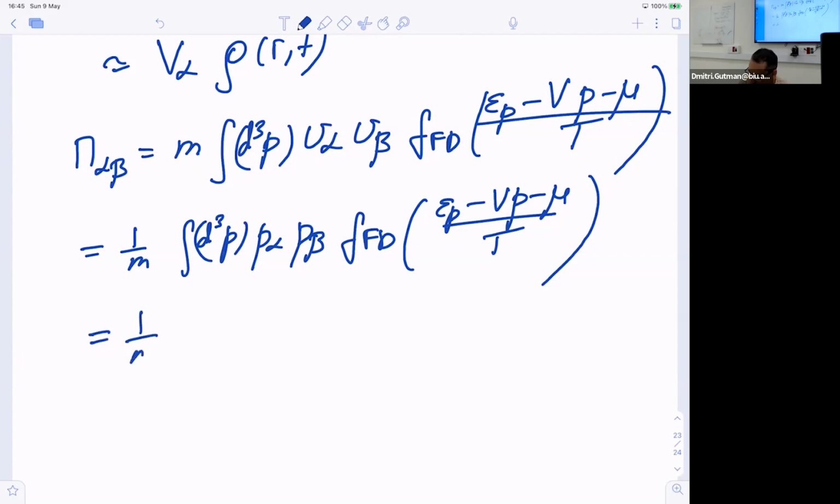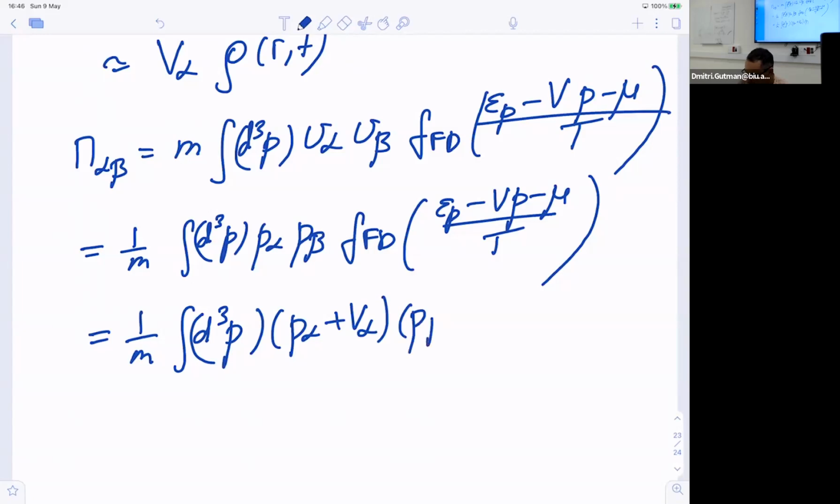And I'm getting d3p, p alpha plus m v alpha, times p beta plus m v beta, F of epsilon p minus nu divided by temperature.